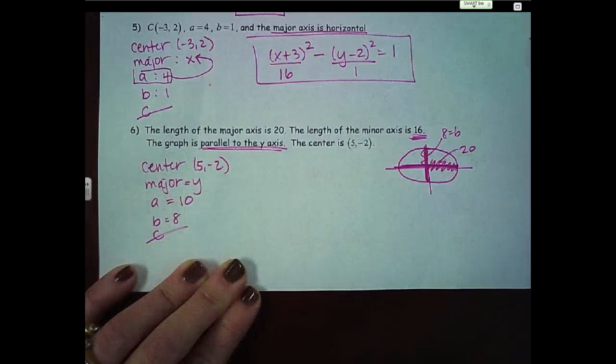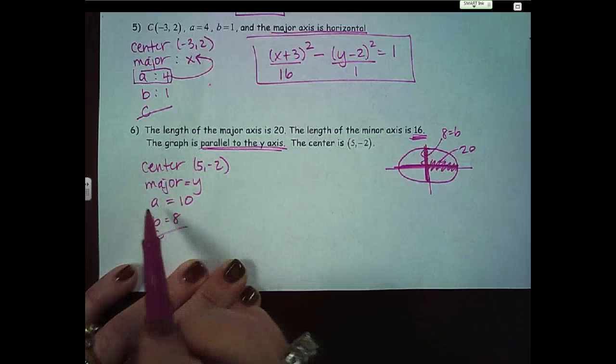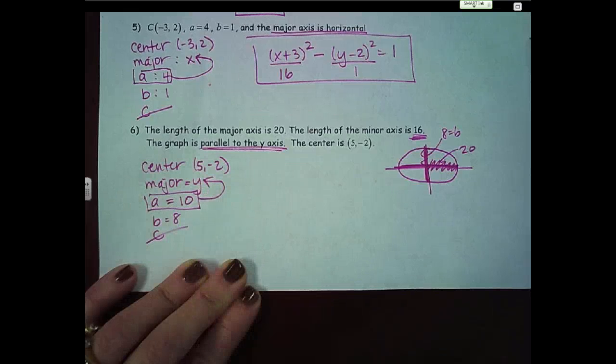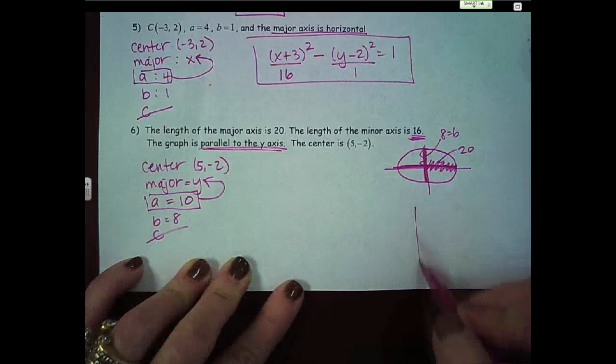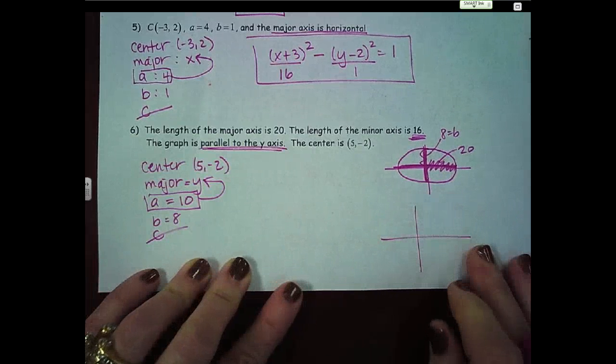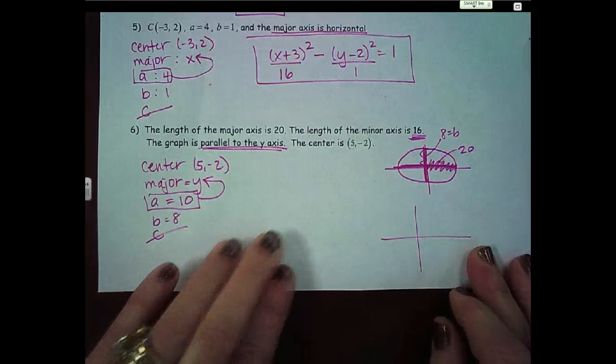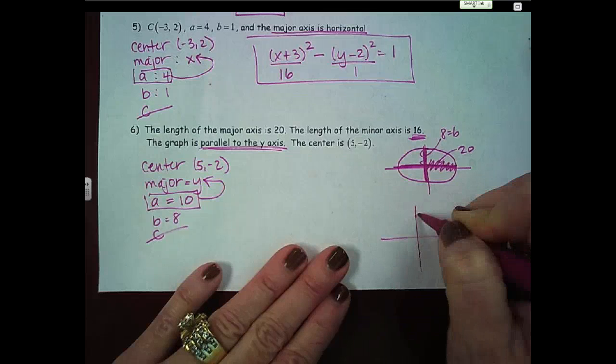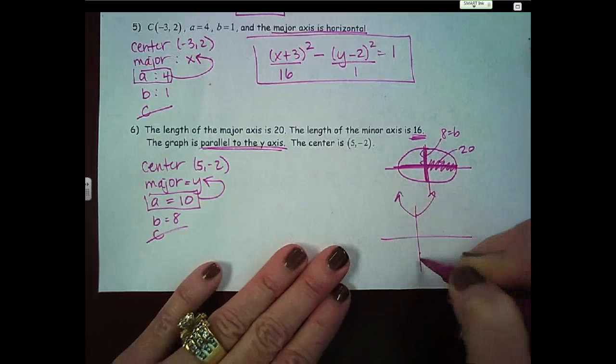Now, remember that A belongs to y. What doesn't make sense? If it's parallel? Parallel. Let me show you just a second. They're saying that the major axis is parallel to y, correct? So if I want a parallel line, I'm going to draw a hyperbola here for a second, just for estimation.